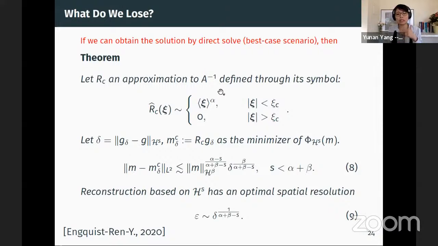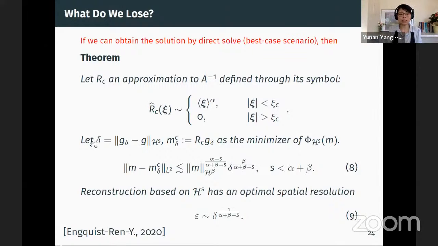But if we can, and we can reconstruct the solution just by applying this inverse operator, then we get our reconstruction m_delta based on this parameter. The delta means how much noise gets propagated back to my solution. Once we have that solution, we can do a stability estimate to see how the model parameter perturbation depends on my data perturbation on the right-hand side from the noise.